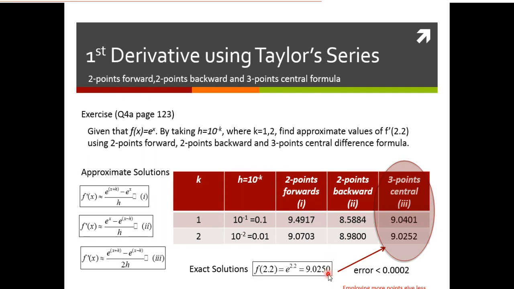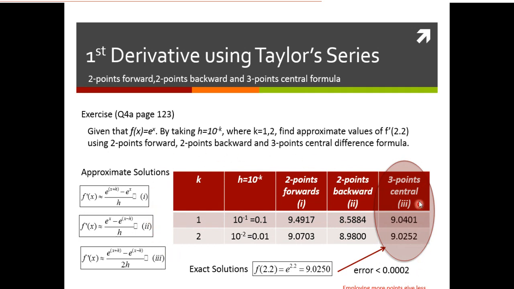So how big is the error between the exact solution and the approximate solution? You can simply subtract the exact value from the approximate value. Then you know how much the error value is. Most of the time, when we use more points to do the approximation, we might be able to get a very small error value compared to when we are using fewer points to do the approximation.